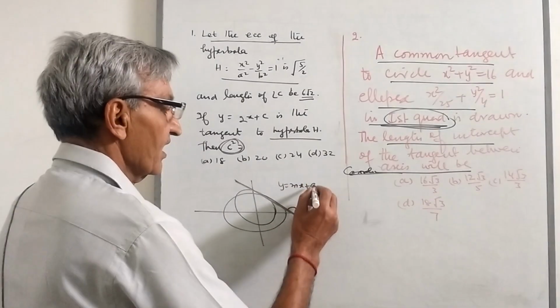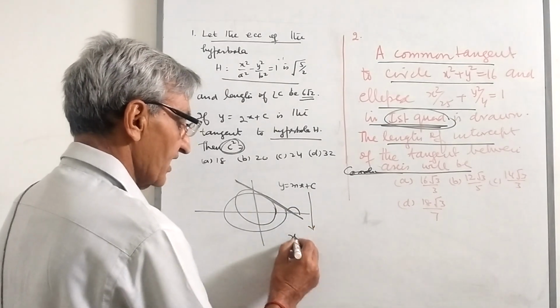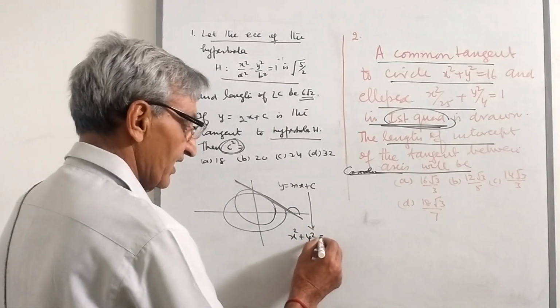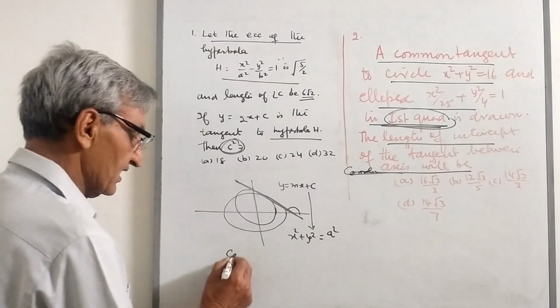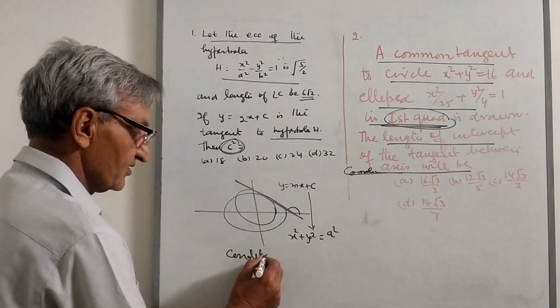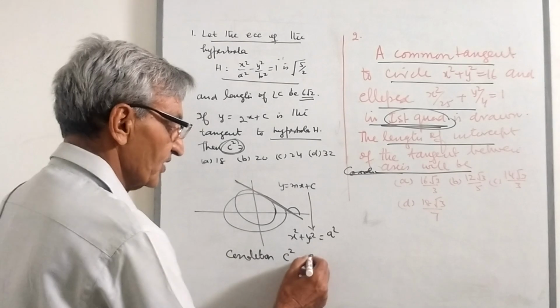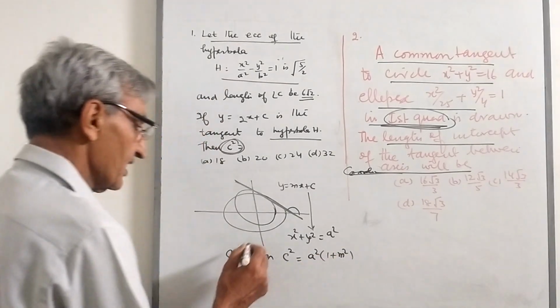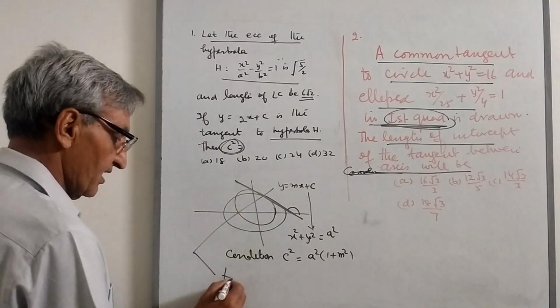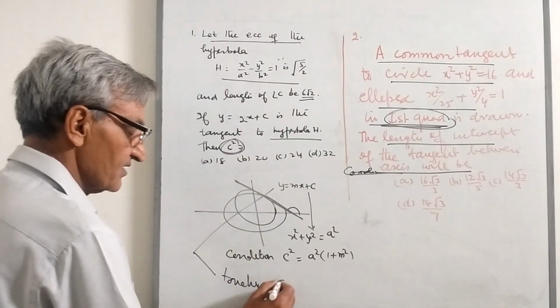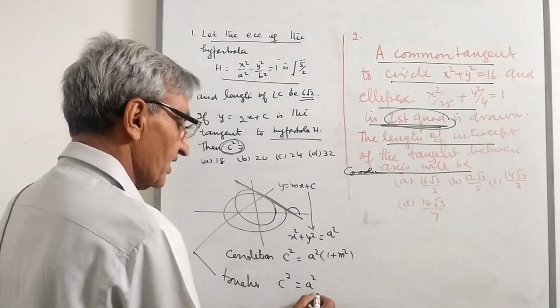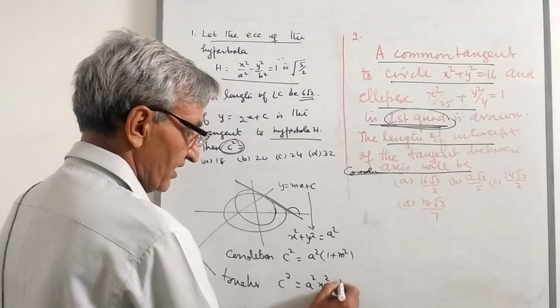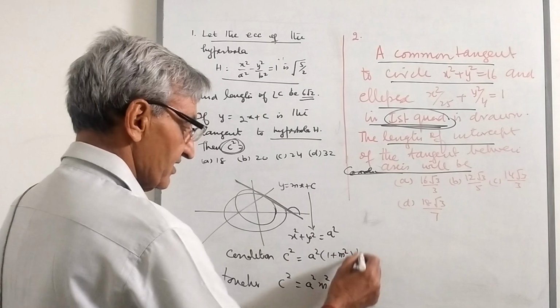If this line touches x square plus y square is equal to a square, then we know the condition: c square is equal to a square into 1 plus m square. And if this line touches the ellipse, then c square must be equal to a square m square plus b square. Now friends, this is the condition.